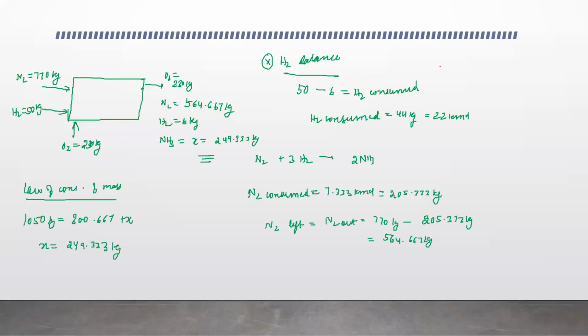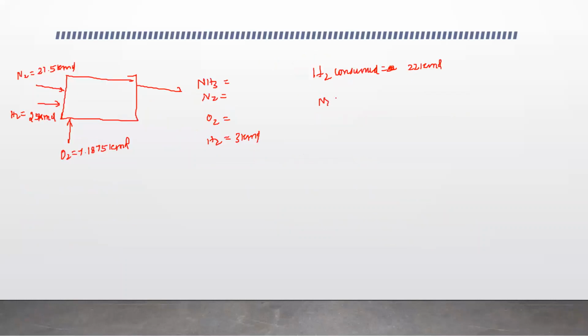So nitrogen consumed is going to be 7.333 kilomoles, right? So 27.5 minus 7.333 kilomoles is going to be 20.167 kilomoles. That is going to be left.